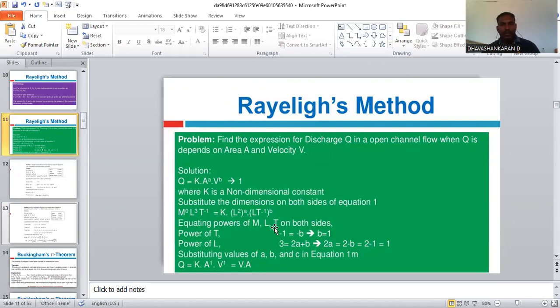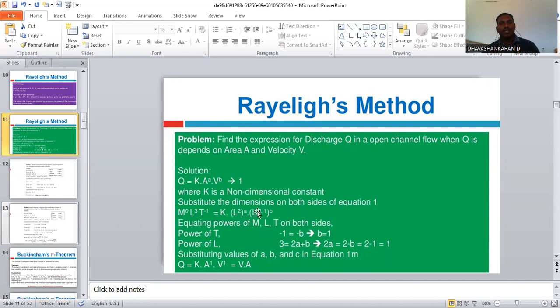Next we have to find the power of L, on the right-hand side as well as the left-hand side. From the left-hand side, the power of L is 3. On the right-hand side, we have L power 2a and L power b.